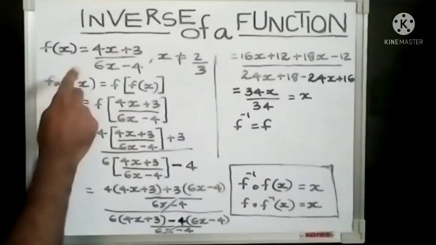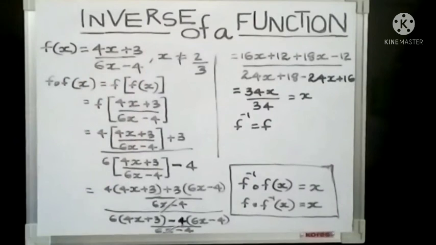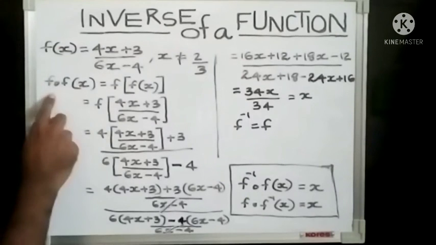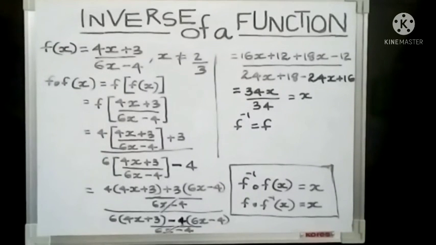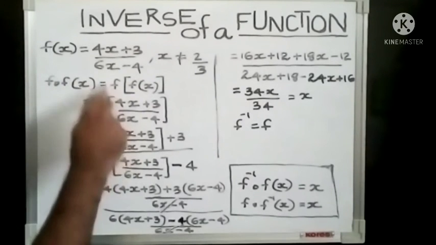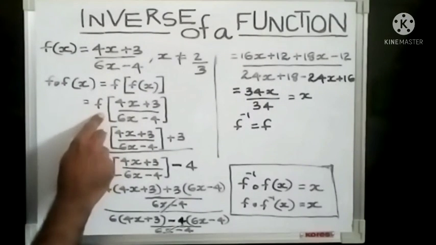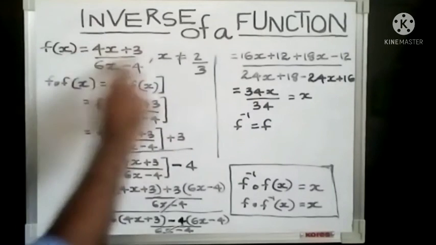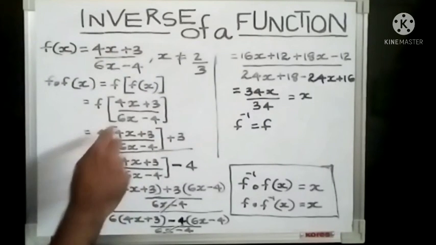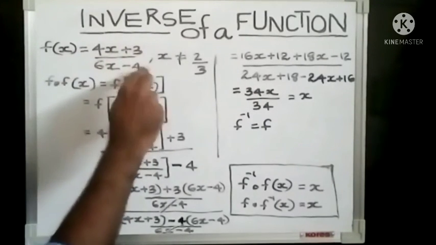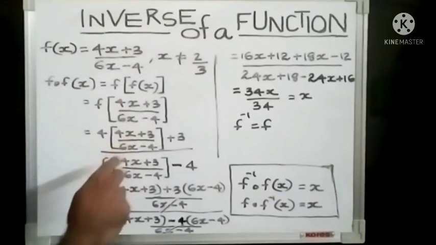We have f of x equal to 4x plus 3 divided by 6x minus 4, where x is not equal to 2 by 3. We have to find f of f of x. That equals f applied to 4x plus 3 divided by 6x minus 4.